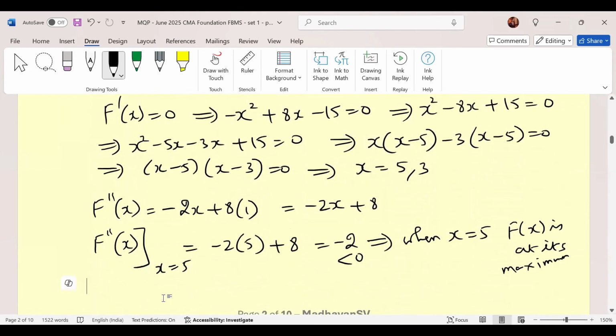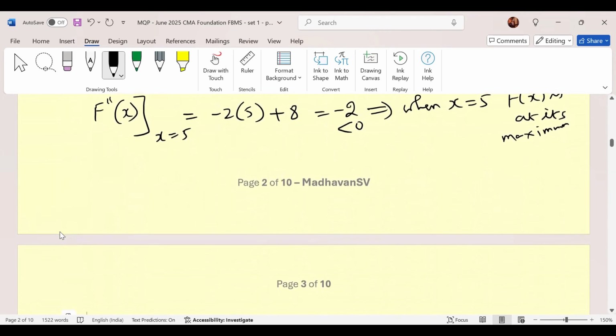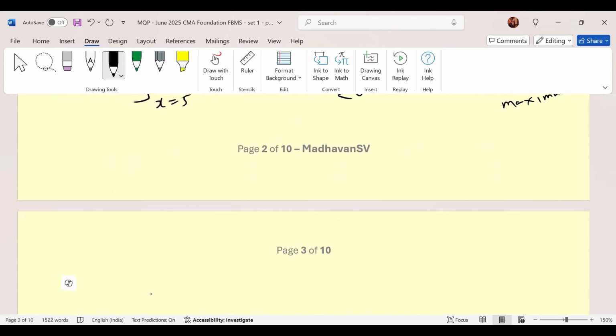And then let us find out the next one, f double dash of x. When x is 3, we get minus 2 times 3 plus 8, we get positive 2.